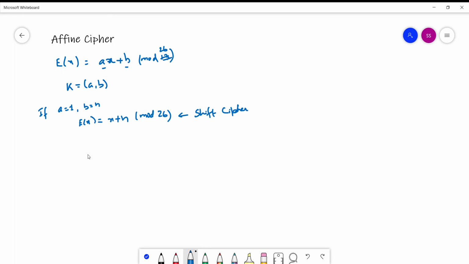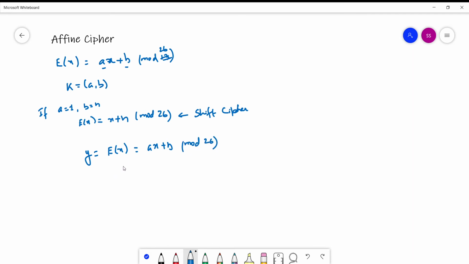So let's say y is defined as my ciphertext, that is encryption of x. Okay, and this encryption of x is equal to ax plus b mod 26.